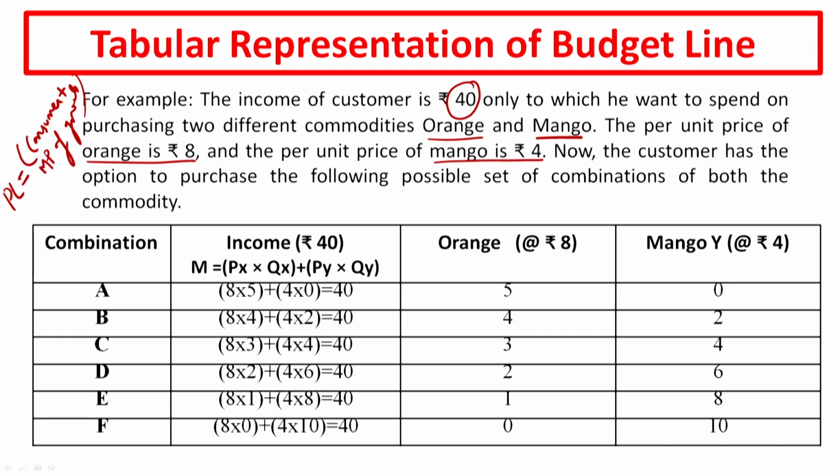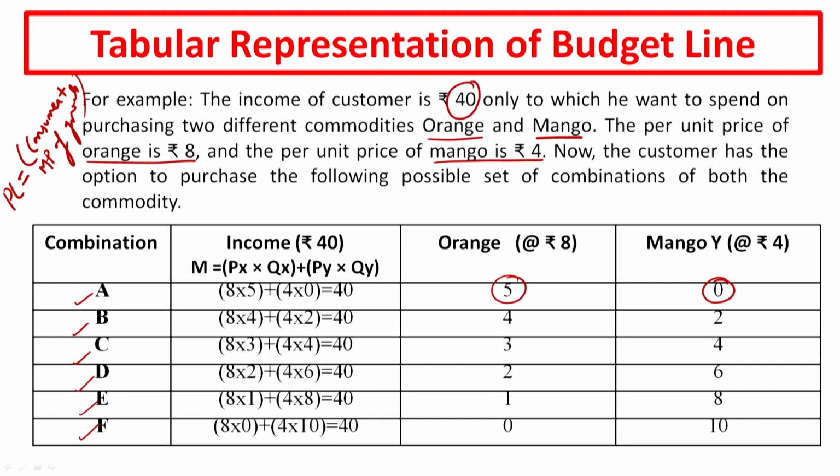So, you are seeing the various combinations A, B, C, D, E and F. At combination A, you are consuming 5 oranges and 0 mango. You are consuming only one commodity and you are spending the entire 40 rupees on purchasing 5 units of oranges.